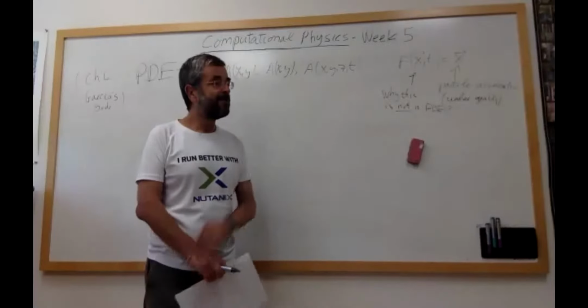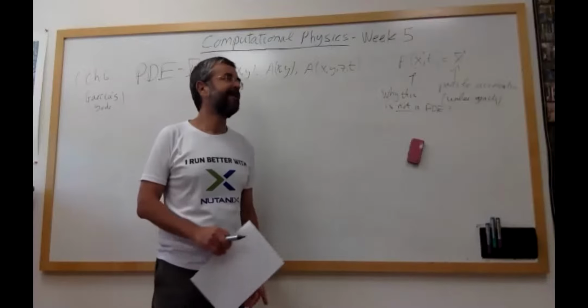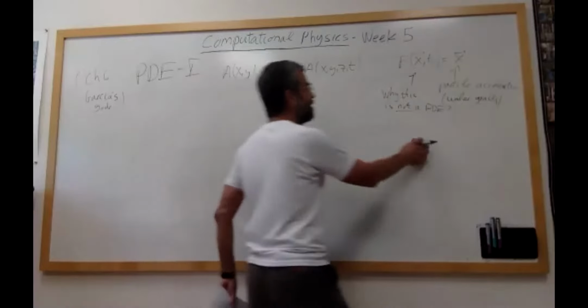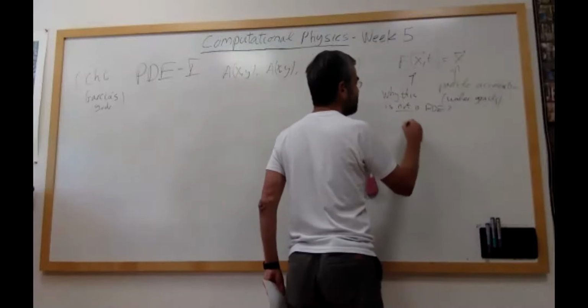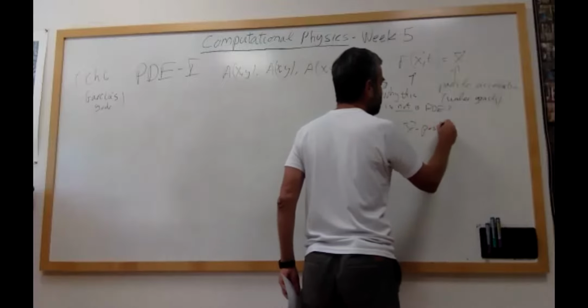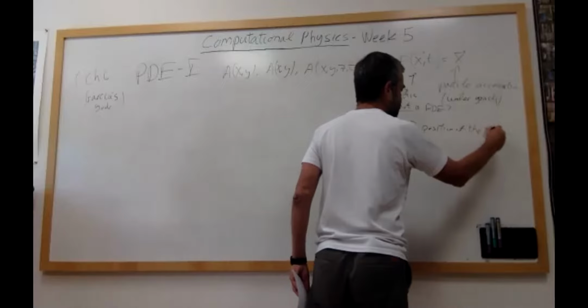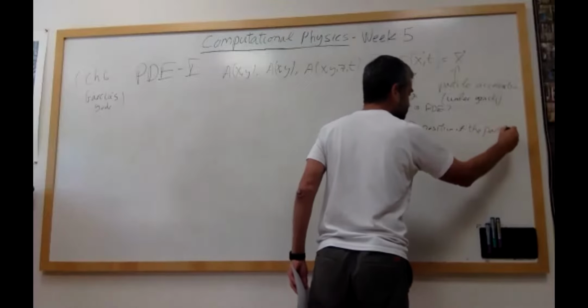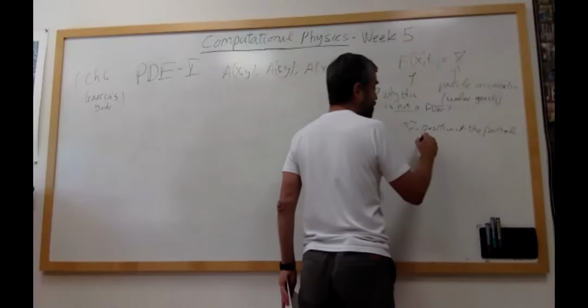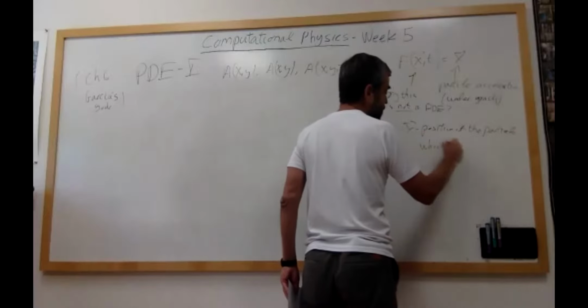x depends on t in f(x, t) equals x. So actually, there is only one independent variable. Exactly. Because here, x is the position of the particle, which depends on t.